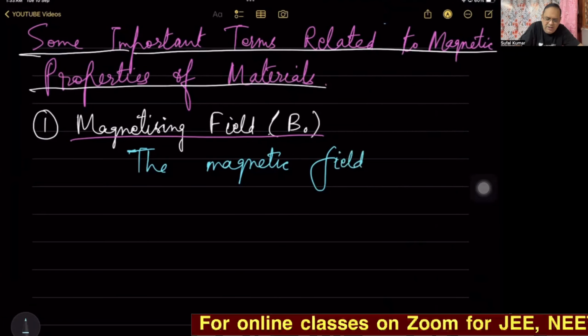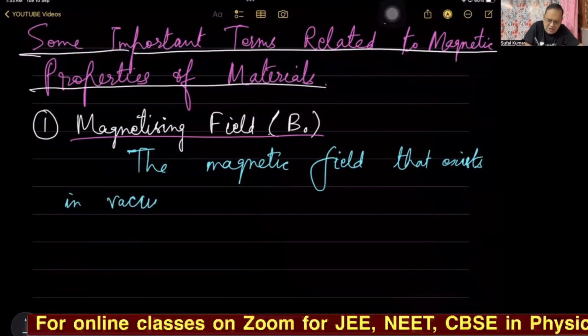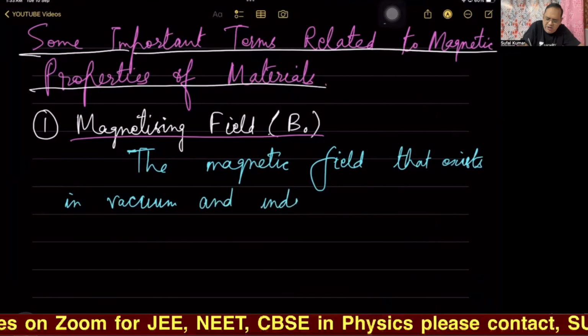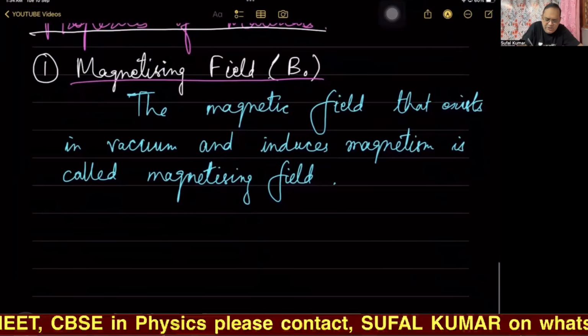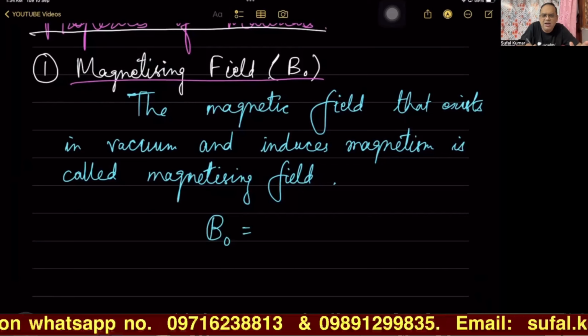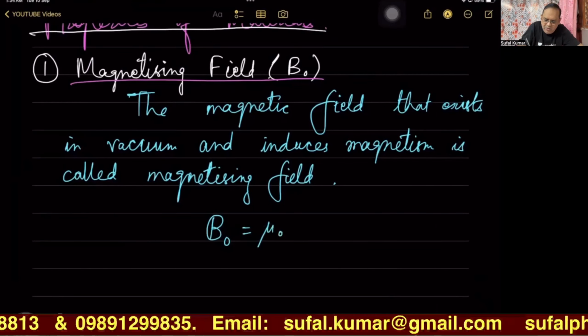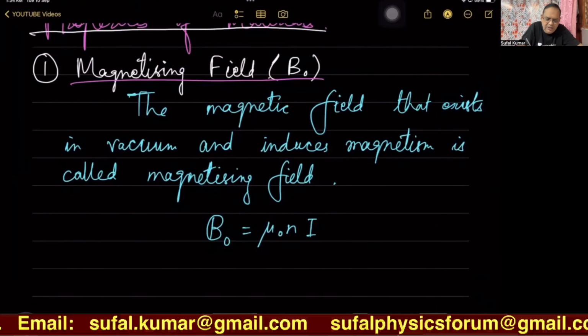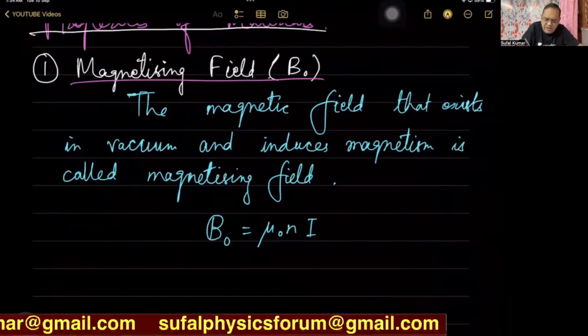Magnetic field that exists in vacuum and is induced, this is B naught, because this field is particularly for vacuum, mu naught N I inside the solenoid in vacuum.